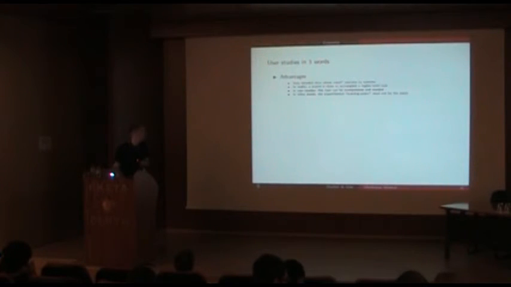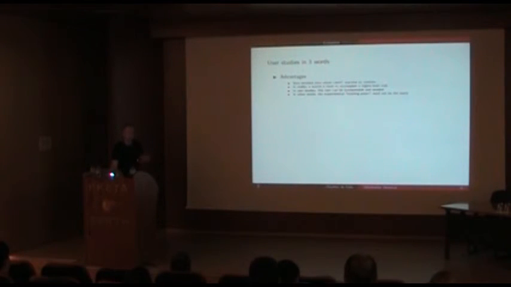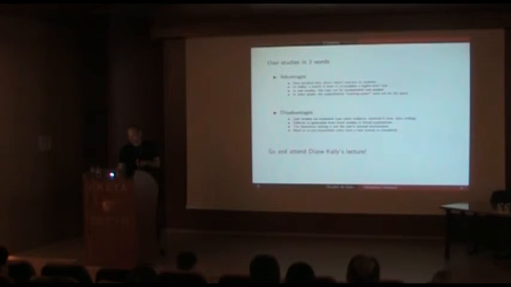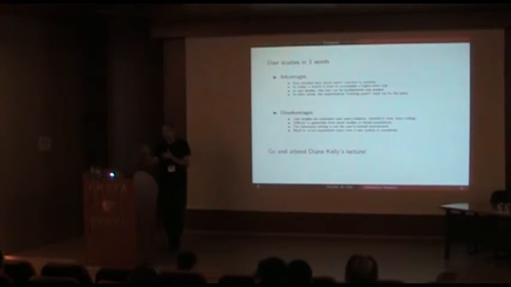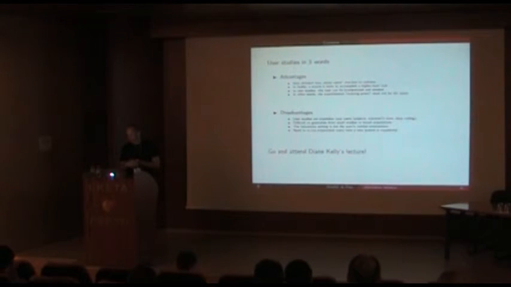It's great because you get great insight into what drives them, what makes them succeed, what makes them frustrated. It's also hard to set up, hard to do well in one go. It's expensive both for the people that you need and for the experimenters. And it's hard to rerun.